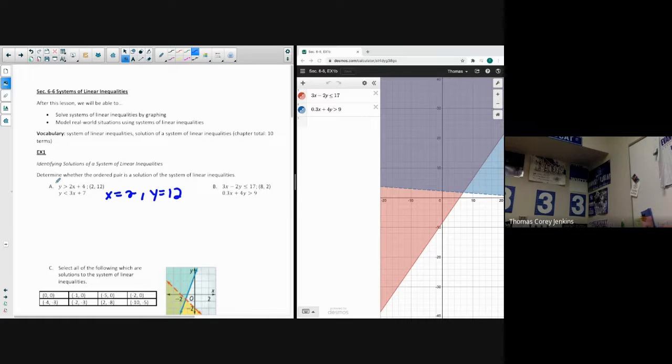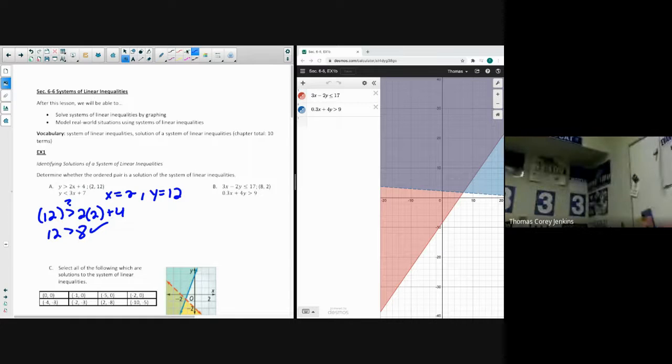And it's got to work for both. So in the top one, that would say 12 is greater than 2 times 2 instead of 2 times x, plus 4. Is that true? The answer is, let's see, 12 is greater than, that'd be 4 plus 4 is 8. 12 is greater than 8, so that's a yes.